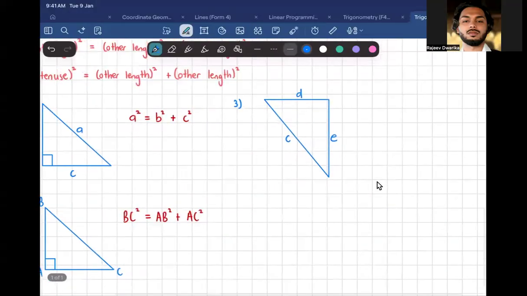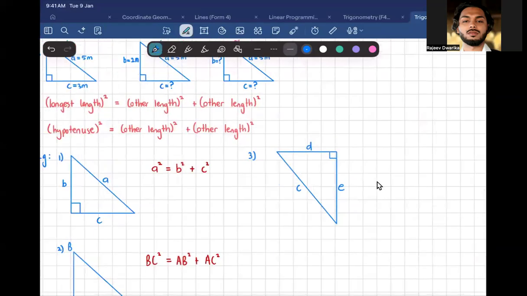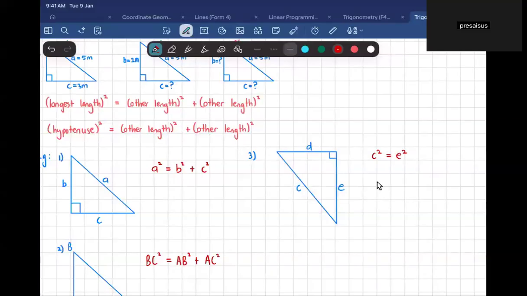All right. So Perseus, first of all, what is the longest length in example 3? What's the longest length? C. C is the longest length, right? So we're going to say C squared, and C squared will be equal to E squared plus D squared.